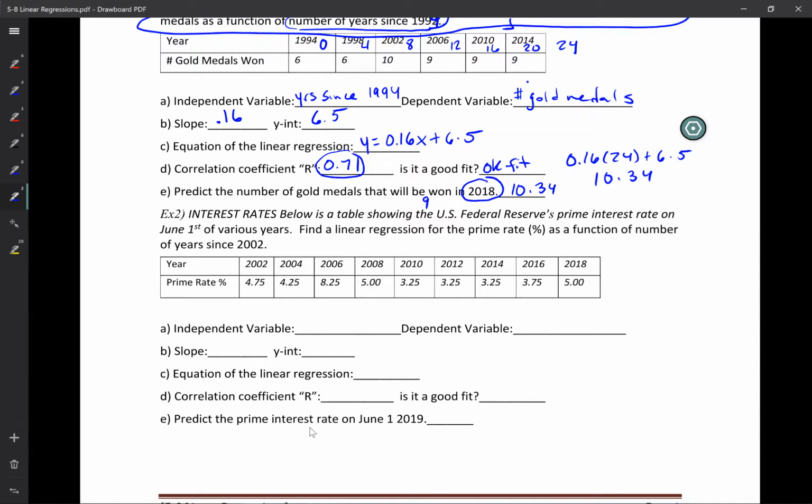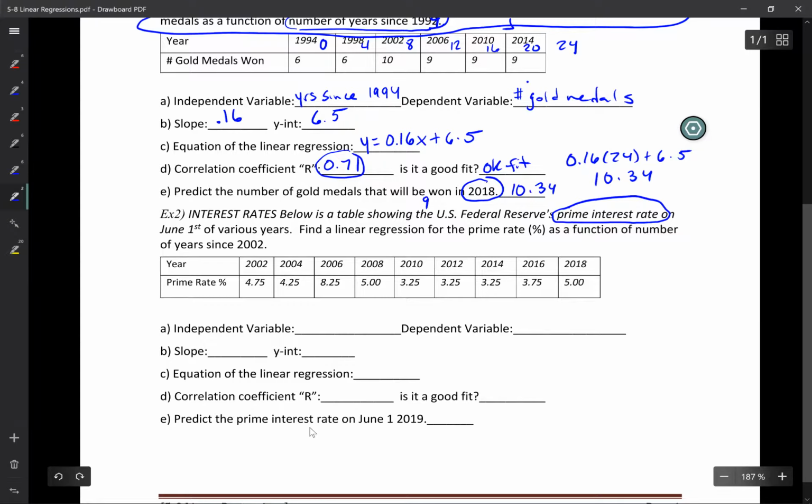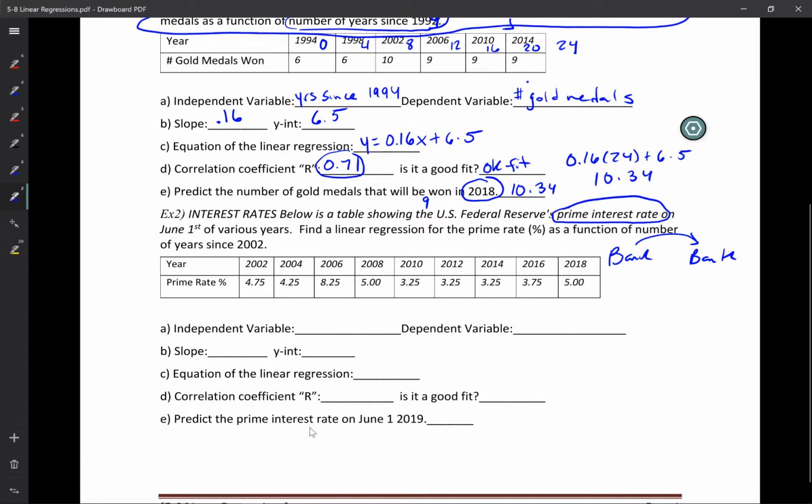Now, if you're sitting in my class, I'm going to have a big, long conversation about what the prime interest rate was. It's actually kind of interesting. But I'm going to talk about this real quick. The prime interest rate is set by the Federal Reserve, the U.S. government. If one bank wants to lend money to another bank, and there are lots of reasons they want to do that, they have to pay back the money plus interest, right?